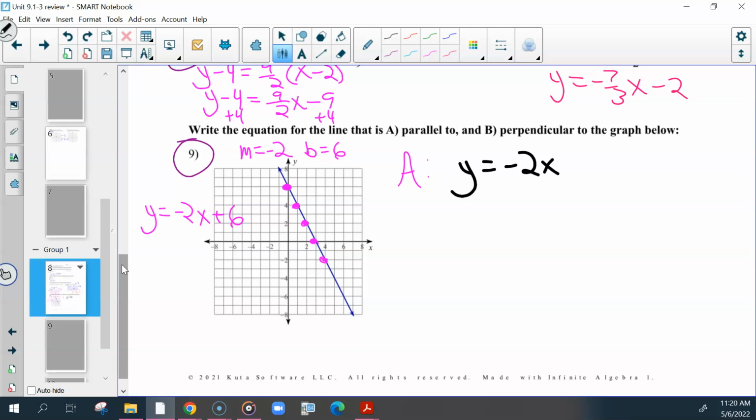It doesn't matter. For part B, you would then be looking for something that's perpendicular. What slope would be perpendicular to negative 2? 1 over 2. So that would be y equals 1 over 2x. Then whatever y-intercept you want.